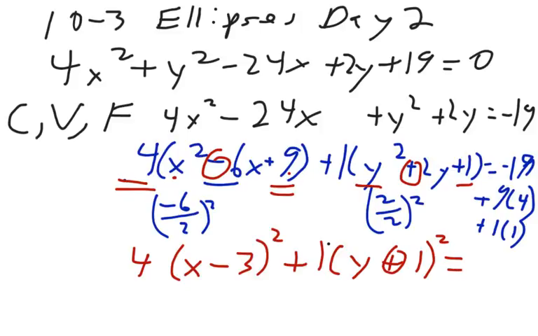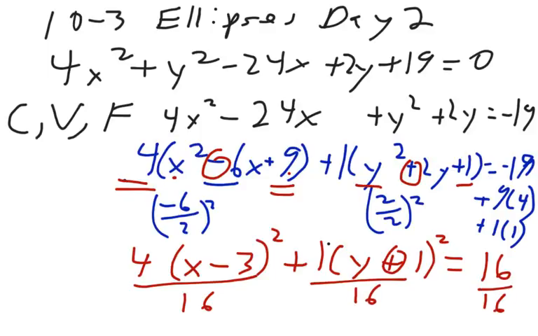Squared equals, when I add all of these together, I get a grand total of 16. Divide everything by 16. So we get 1 on the right side.